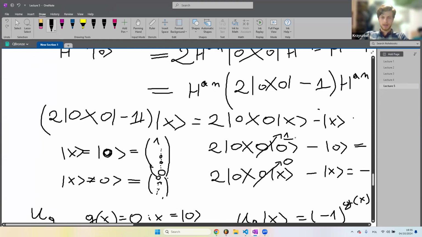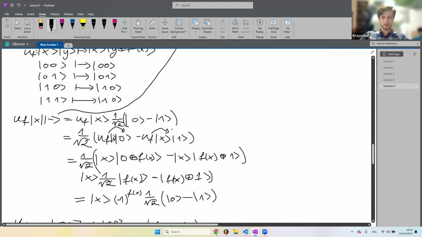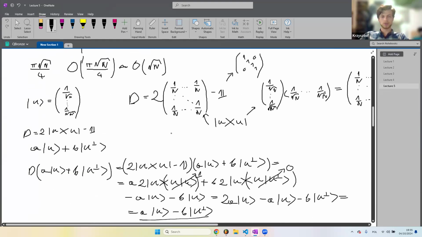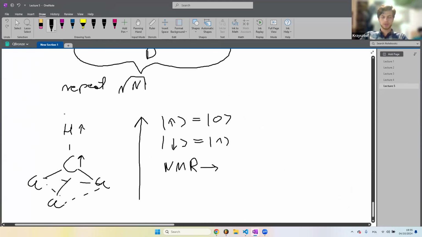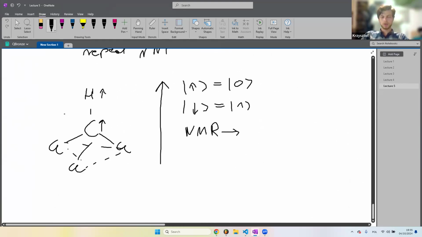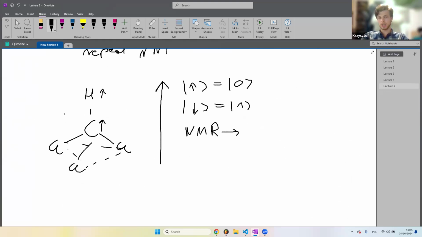So I suggest you take a really good course on linear algebra to really understand quantum computing, because quantum theory is actually a linear theory.